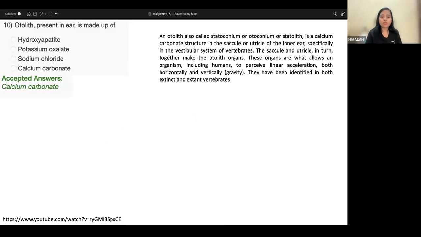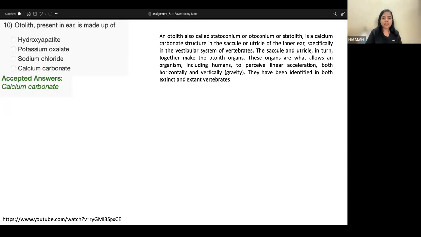So an otolith, also called statoconium or otoconium or statolith, is a calcium carbonate structure in the sacculae or utricle of the inner ear, specifically in the vestibular system of vertebrates. The sacculae and utricle in turn together make the otolith organs. These organs are what allows an organism, including humans, to perceive linear acceleration, both horizontally and vertically.